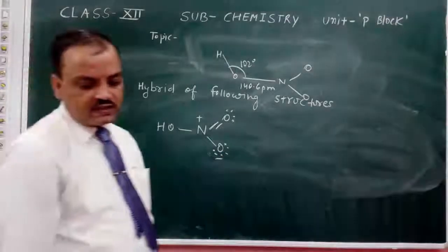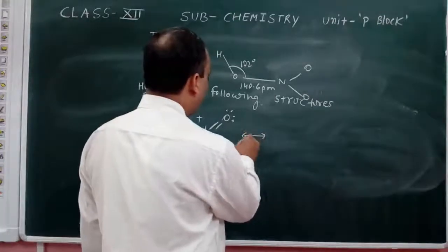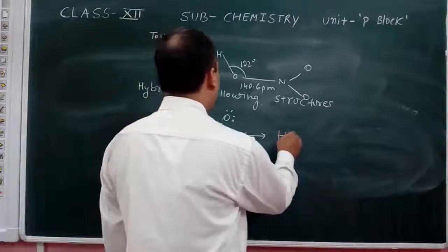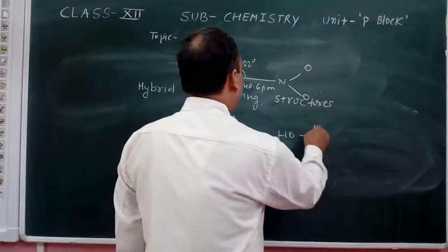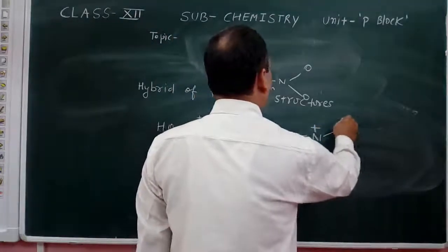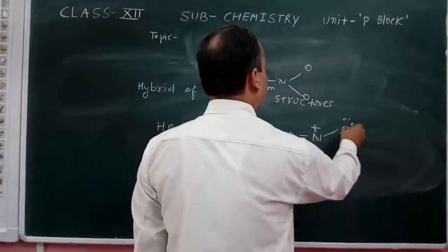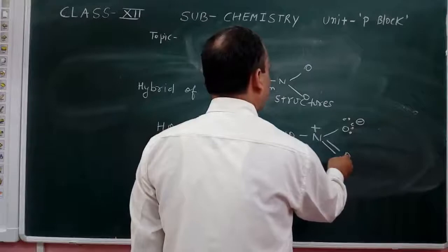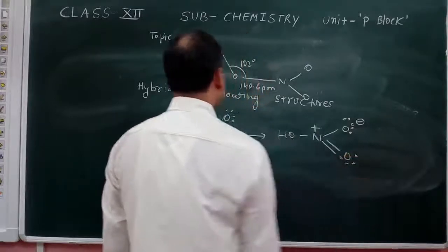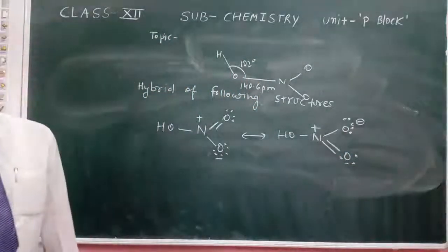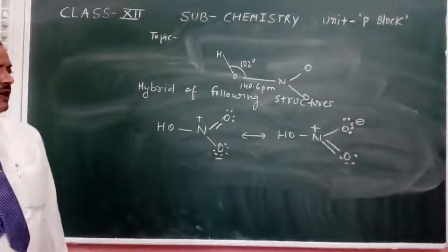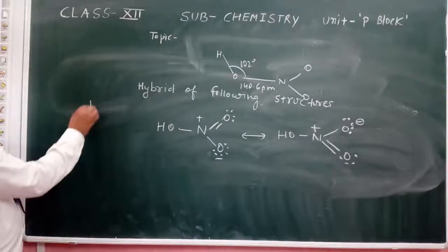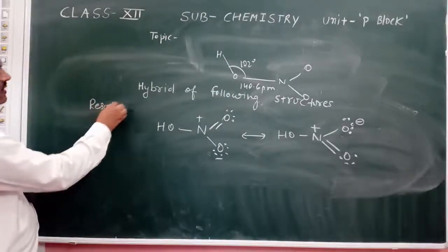In the other structure, the double bond is reversed. HO N plus, single bond oxygen with 6 electrons, has a negative charge, and the double bond oxygen has 4 electrons. So these are the resonating structures of HNO3.